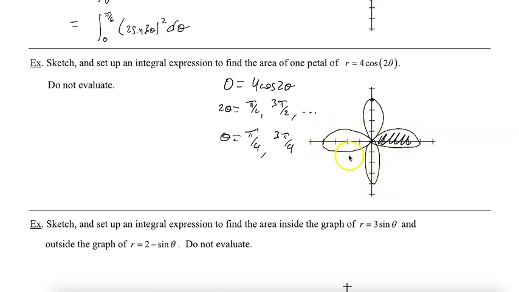I think it went up there, and then it does the top loop, and then the very last thing it does is complete that first loop that we saw, that first petal. So my area of one petal is 1/2 integral from pi over 4 to 3 pi over 4 r squared d theta. All right, and again, there's lots of different ways you can write that.